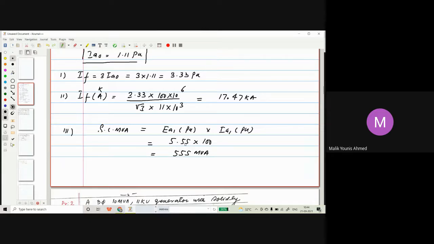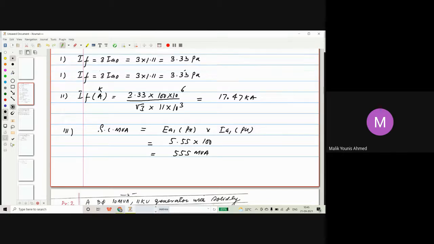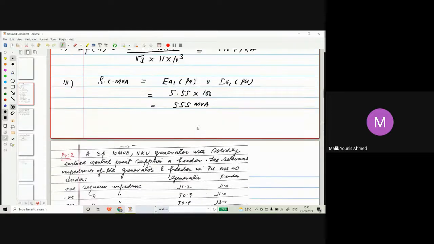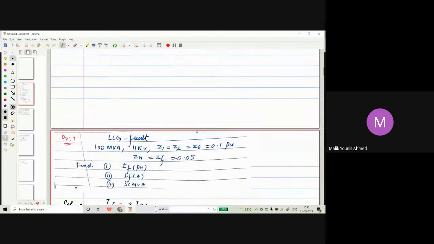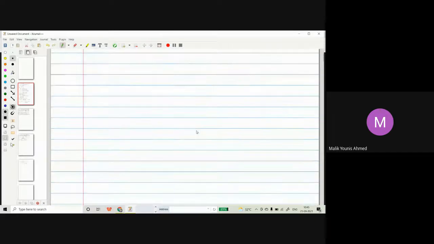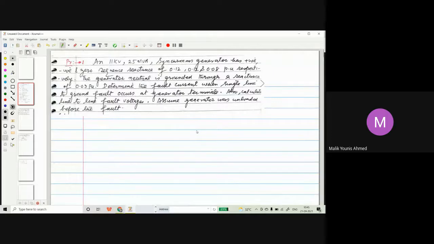There are other formulas also, like the under root formula and the direct formula, but this is the simplest: get the current and the base value, and you get the short circuit MVA. So this was the question which can be asked in double line to ground fault, but you have to remember the expressions. Expressions are very important.